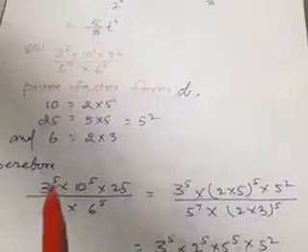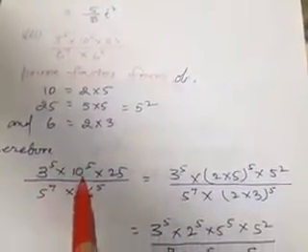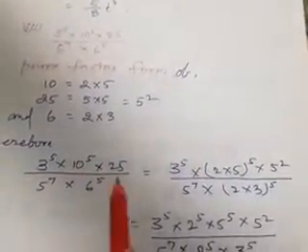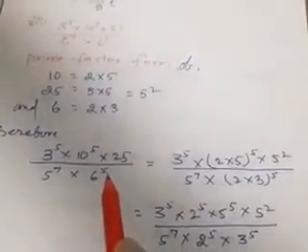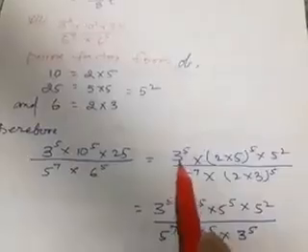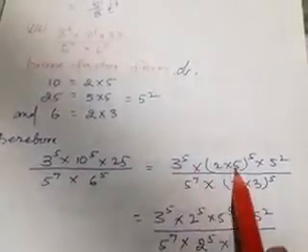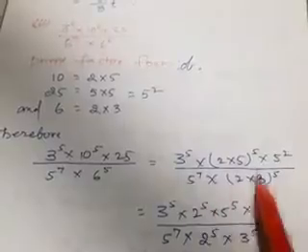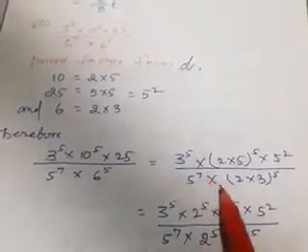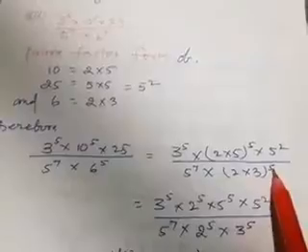Therefore we write it in this way: 3 to the power 5 multiply 2 multiply 5 to the power 5 multiply 5 square divided by 5 to the power 7 multiply 2 into 3 to the power 5.